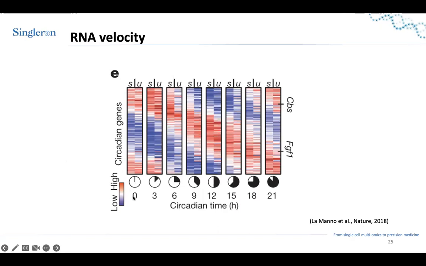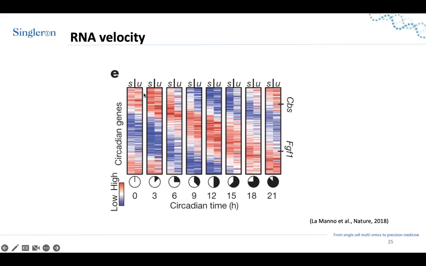At time zero, whatever the time is, it doesn't really matter, we have a certain amount of spliced counts for these genes, but slightly higher unspliced counts.